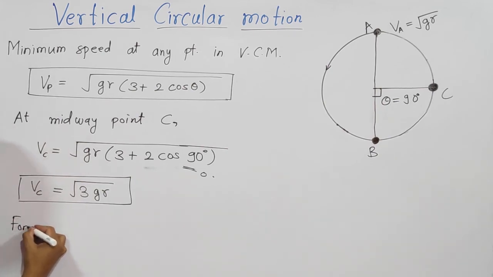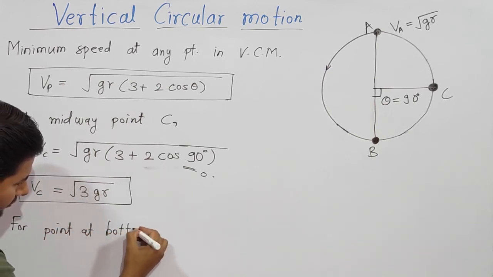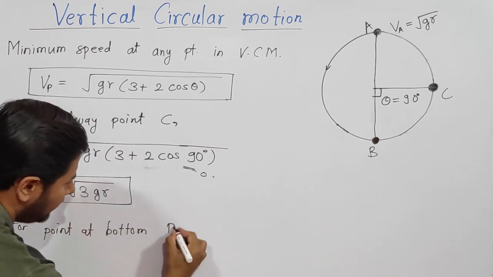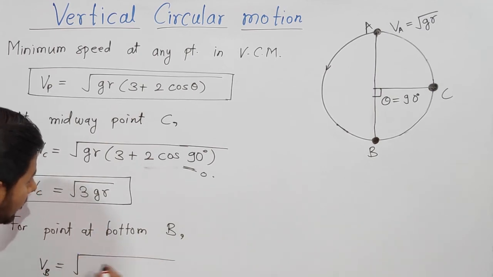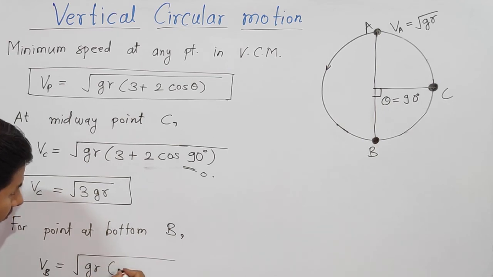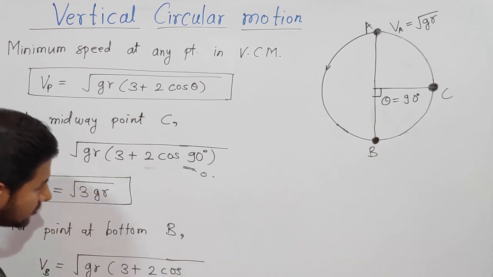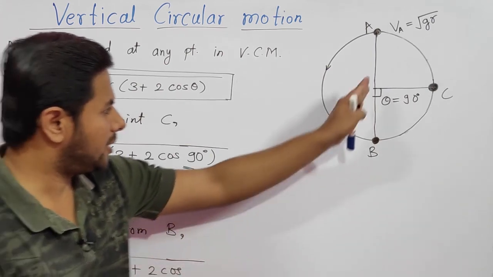And for point at the bottom, so for point at the bottom B, we have V suffix B equals to square root of GR multiplied by 3 plus 2 cos of theta, and for this point the theta is 0.